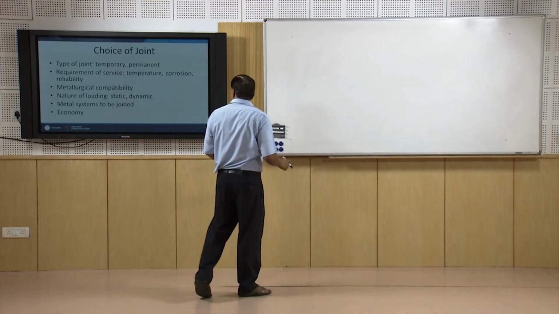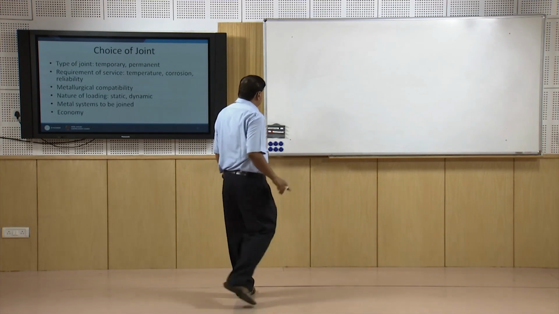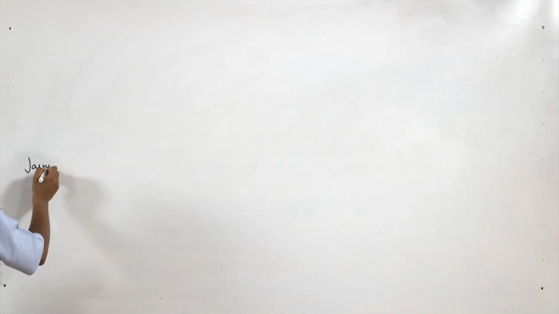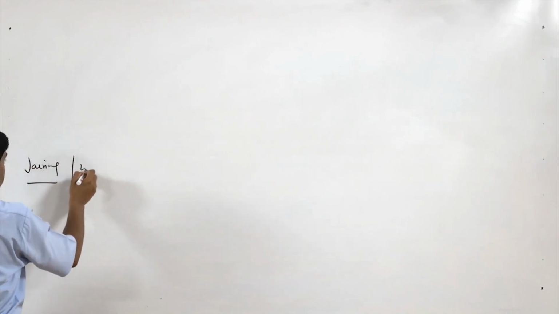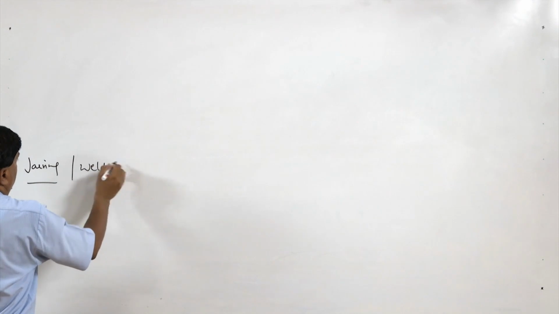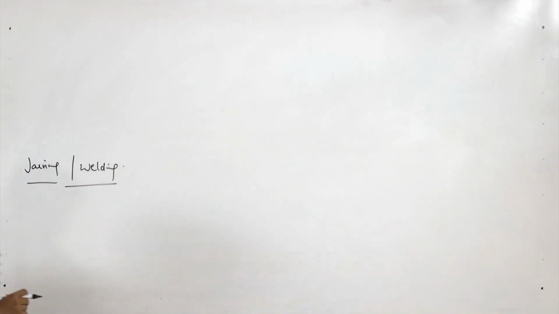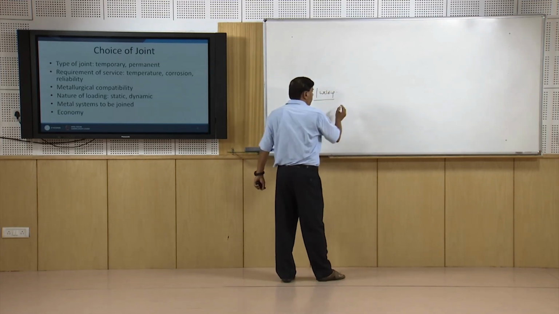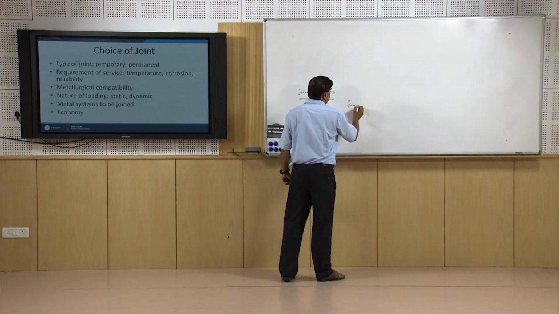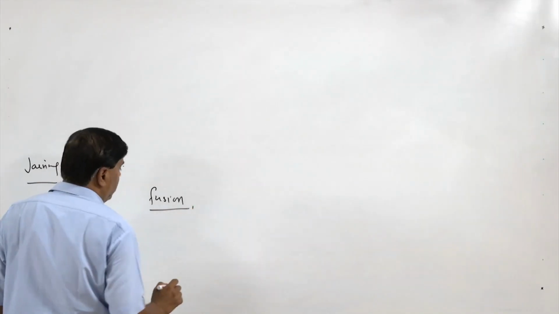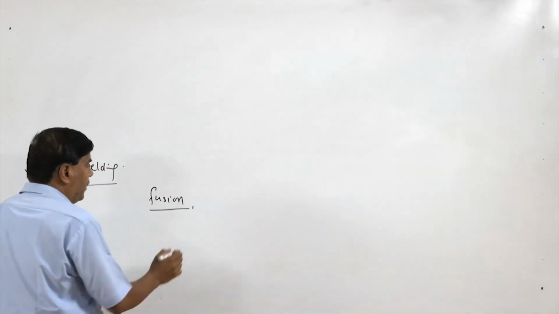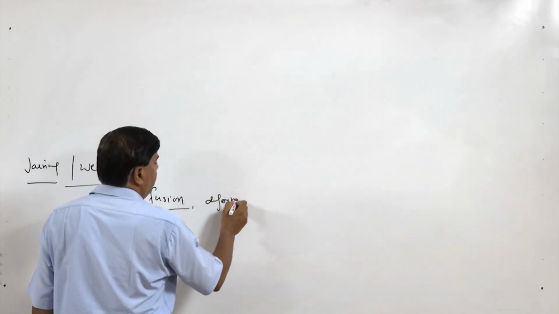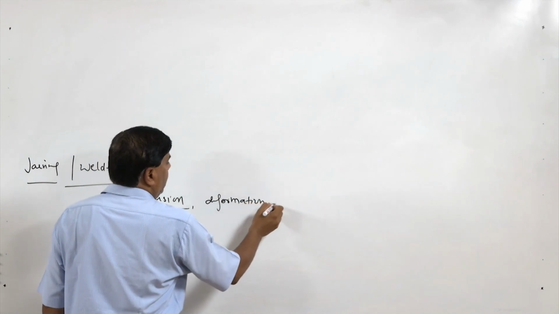As far as welding is concerned, now we will see welding and joining, especially the joining involving the use of welding. Welding involves two or three main things. Either it will involve fusion of the components to be joined, or it will involve deformation or diffusion.